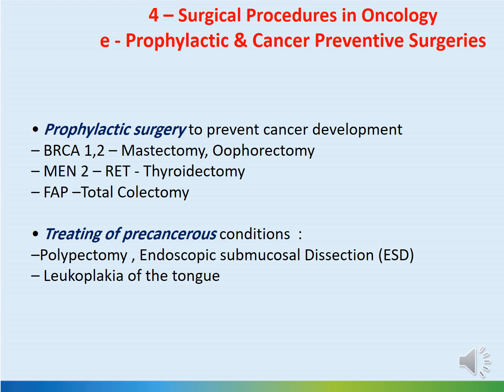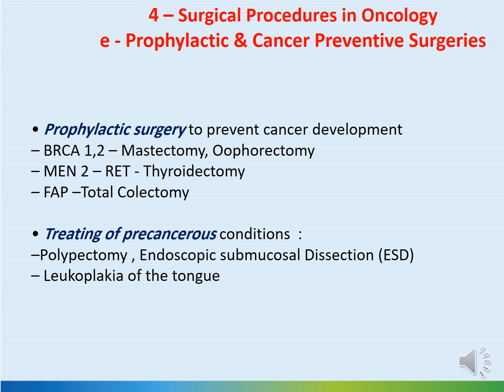The other type of surgery is called cancer prevention surgery. That means here we do some type of procedure and we remove some lesions, which are precancerous lesions, and if we don't remove or treat them, this type of lesion will become a cancer.